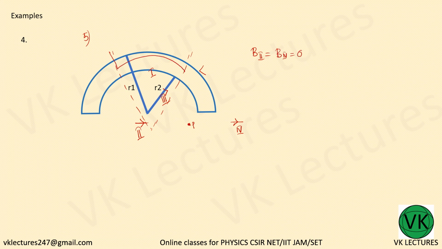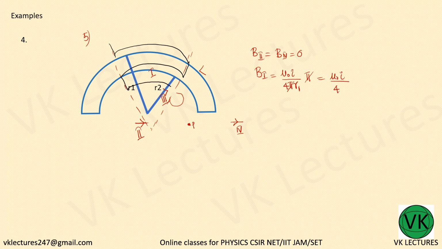Next we need to consider the field due to the first portion, B1, that is equal to mu 0 I divided by 4 pi r. What is r here? This is the first portion, so the radius is r1, into the angle pi. This is also a semicircle, half circle, so the angle is pi only, which is equal to mu 0 I by 4 r1.